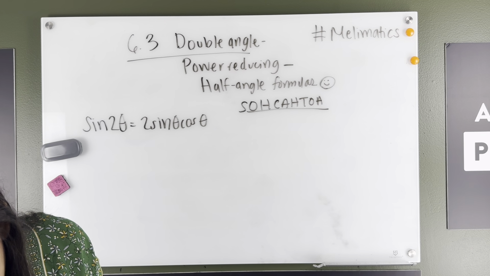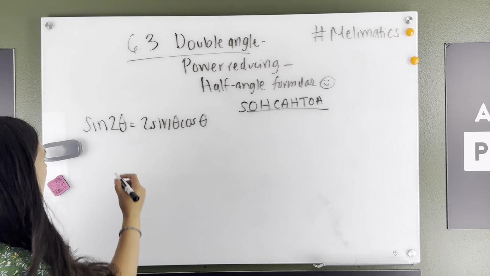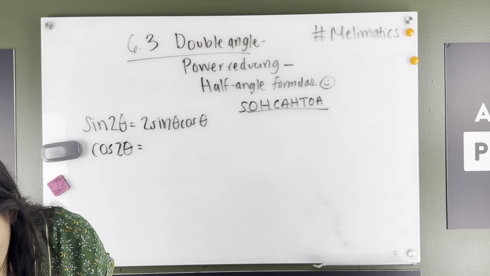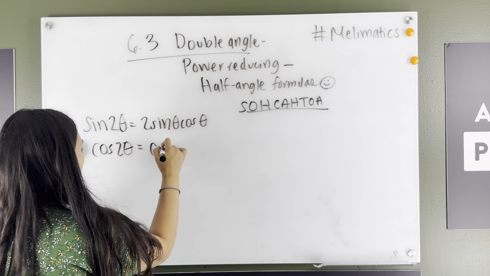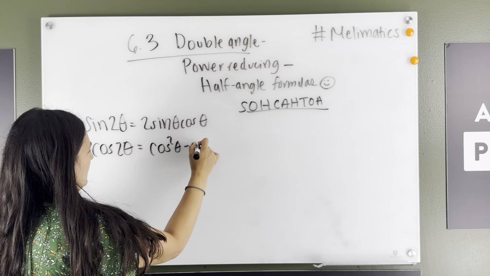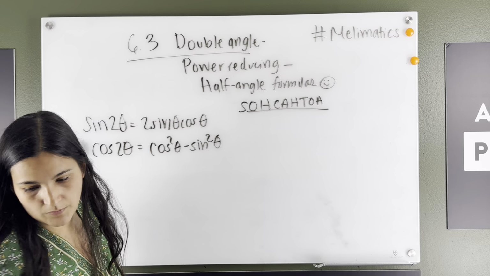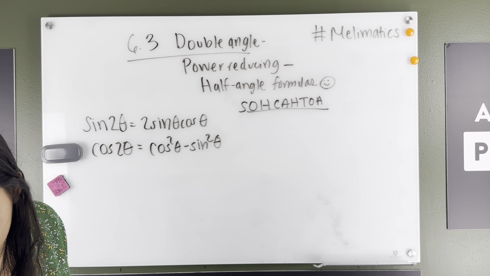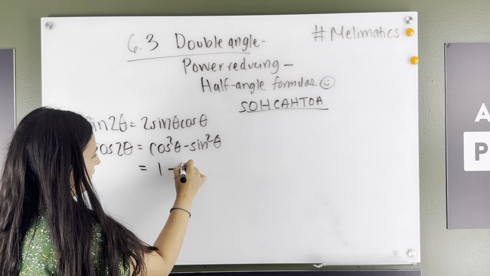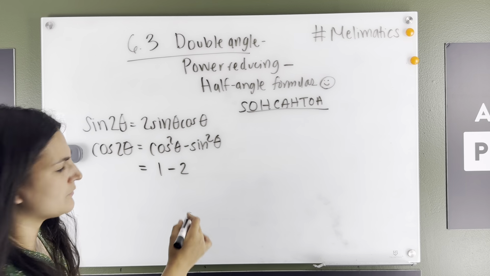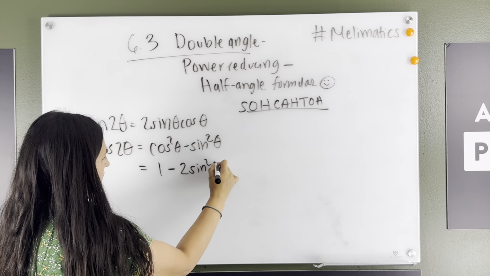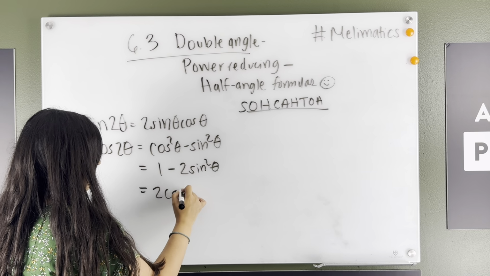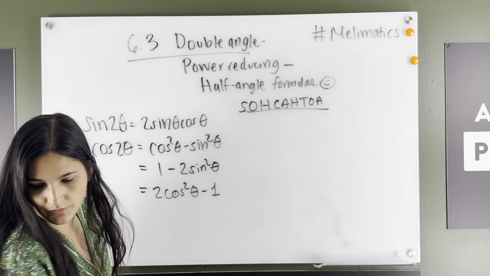Okay, then it's asking us, can we do cosine of 2 theta? Well, that's a different formula. And you have options for this one. Usually these formulas are given to you in like SATs and stuff like that, because it is very useful.